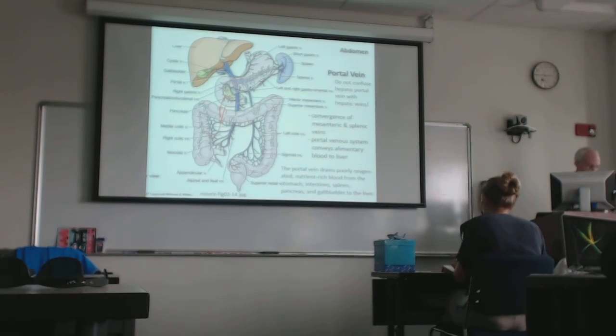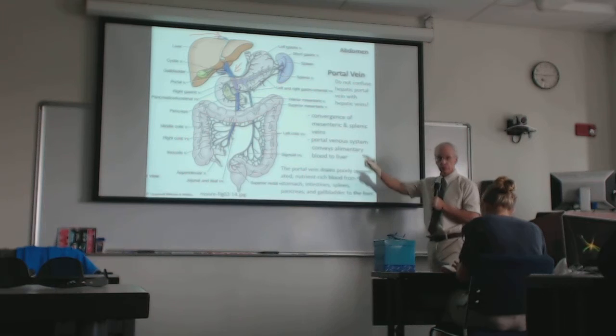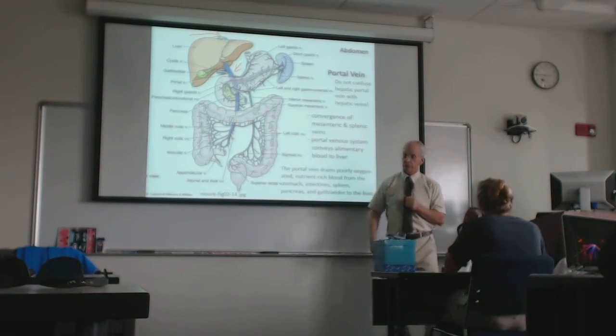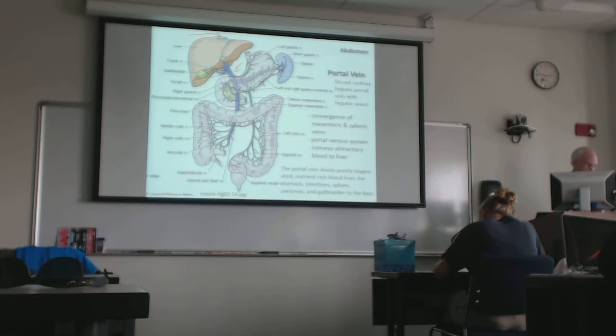Blood's all moving in this direction. And it's all emptying into this large structure right here called the portal vein. And what is that back there? That's the vena cava. So somewhere within the matrix of that liver, this has to end up in here. And we'll talk about that later.